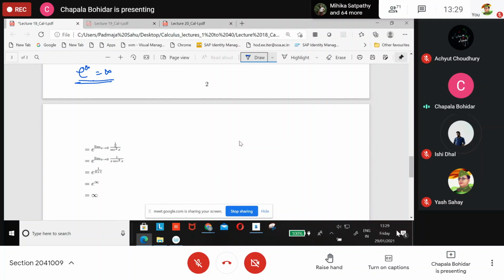Solve one example here: limit x tends to 0 plus of x to the power x. Try to do it.